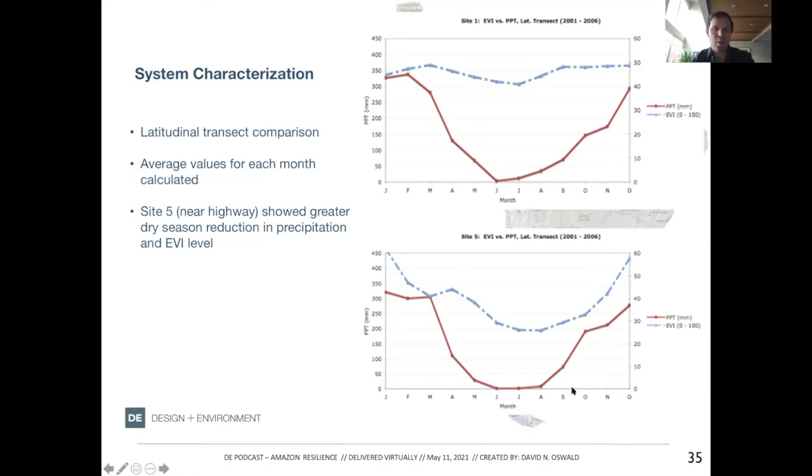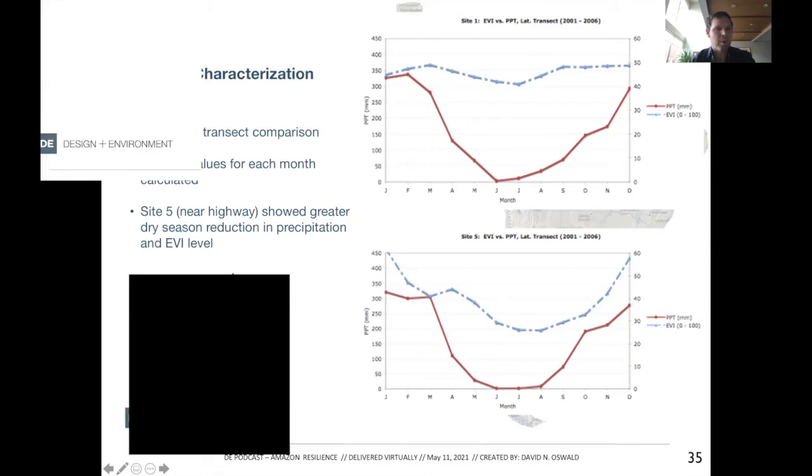And then also you can see that this EVI signal goes way down too. So you see a much greater reduction in vegetation in that period. And then you see a big recovery, but it gets hit pretty hard. And that's largely because of the extended and long droughts that it experiences in this area.